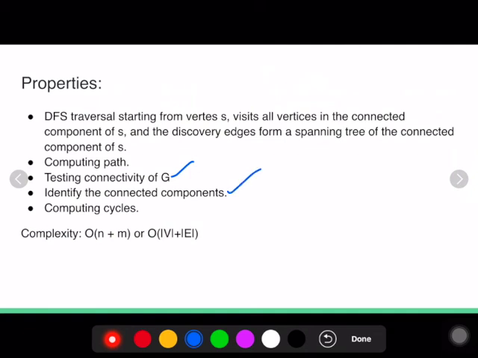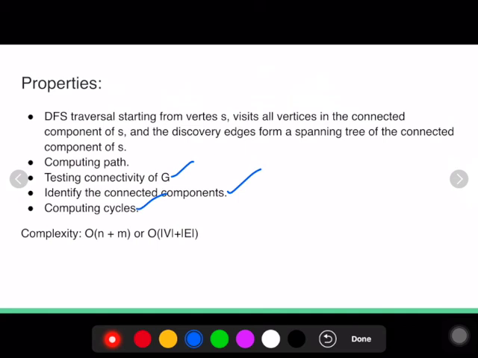The DFS algorithm is a recursive algorithm, so it is going to run again on the independent component that is isolated from the actual graph, which indicates that there are connected components in the graph. It is also useful for computing cycles, because when we do a DFS traversal, all the back edges will lead to cycles.